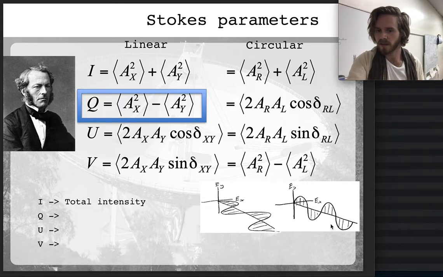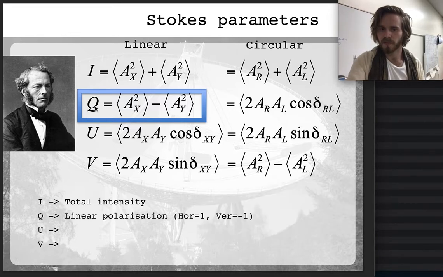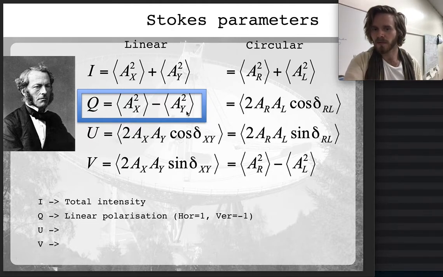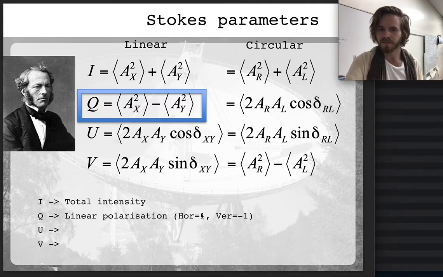So that's this case here, right? Nothing in the x direction, everything in the y. So if you say you have a Stokes Q of 1, that's a horizontally polarized wave, and a Stokes Q of minus 1 is going to be a vertically polarized wave. And something in between will be something in between, yeah?